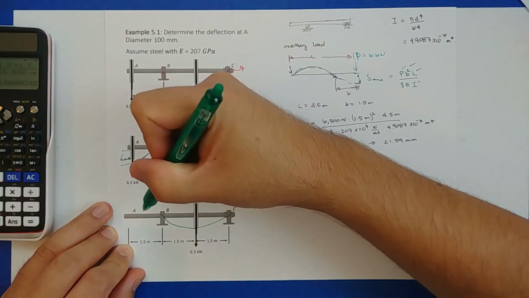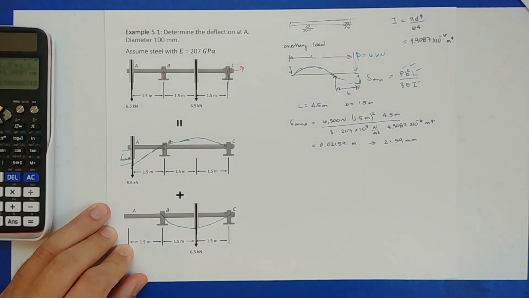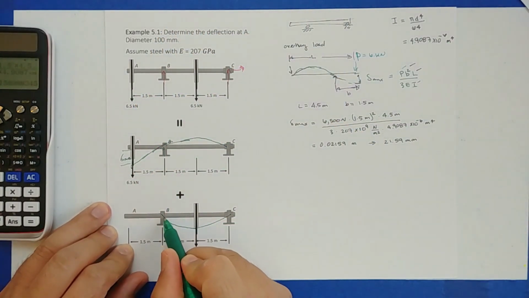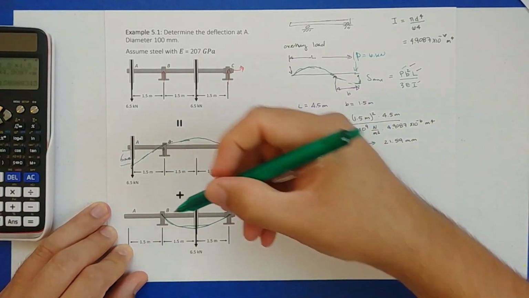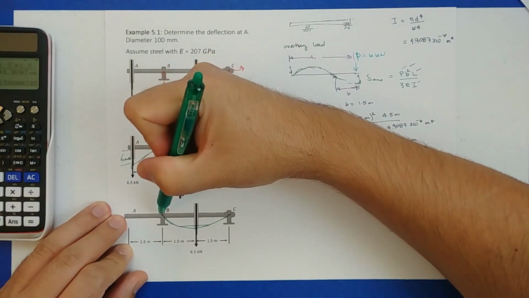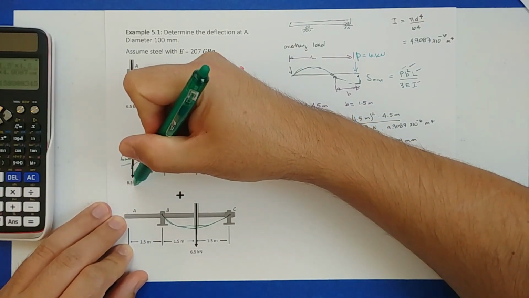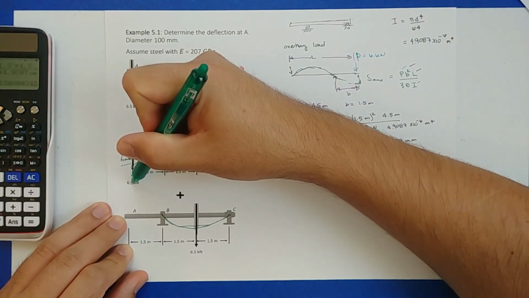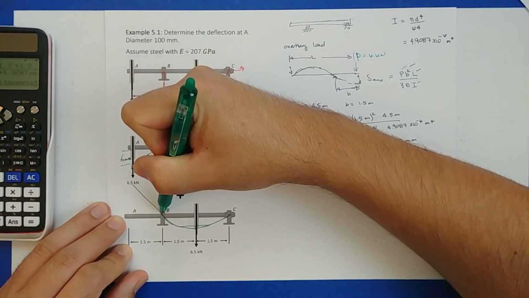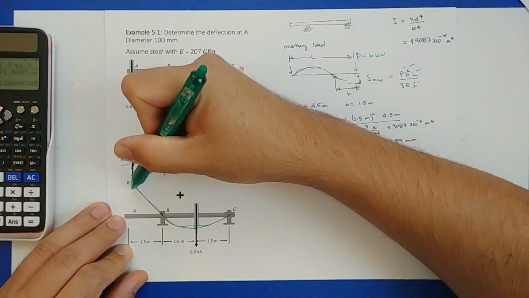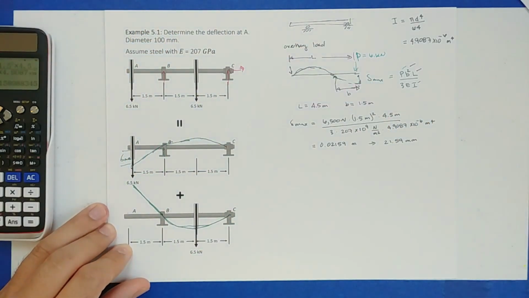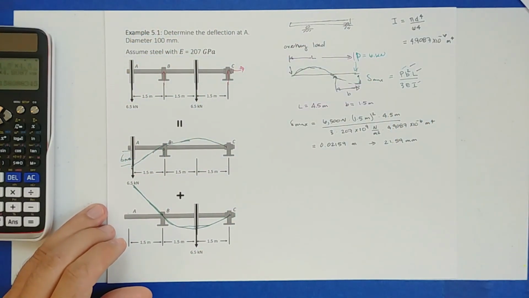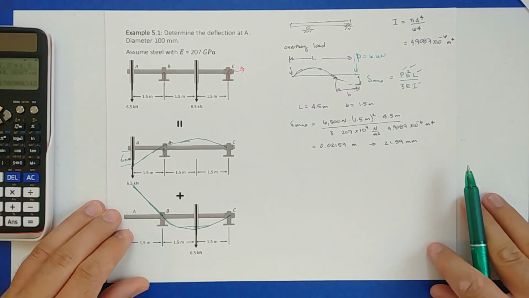So instead, we're going to do a little trick, right? We know that the beam deflects down like this. It's going to flex like this. However, we're looking at 0.8. So all we have to do is realize that if we neglect the weight of gravity, then this section over here is just going to remain straight. And I wish I was in class so I could show you with a ruler.